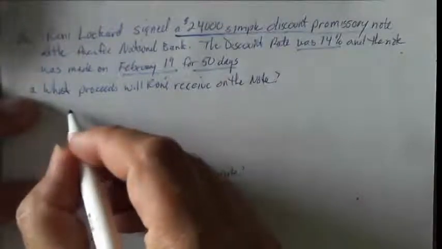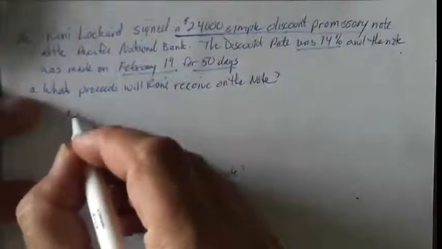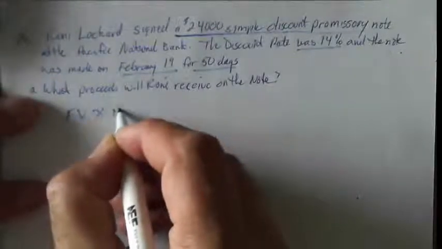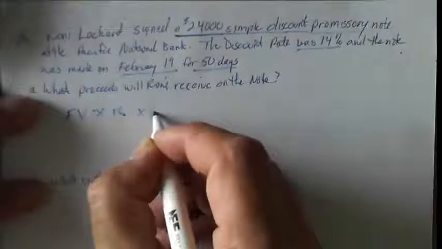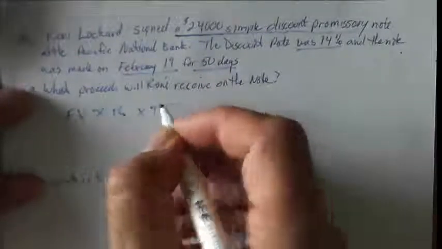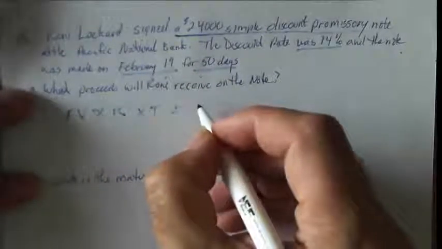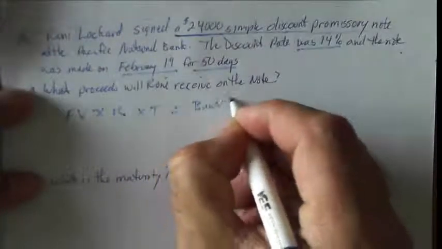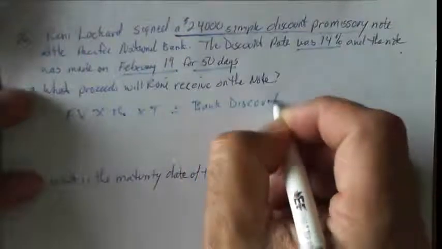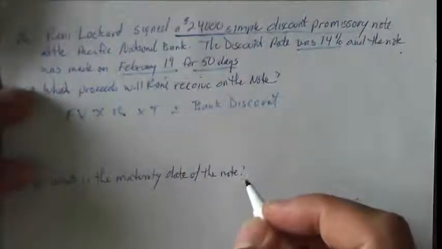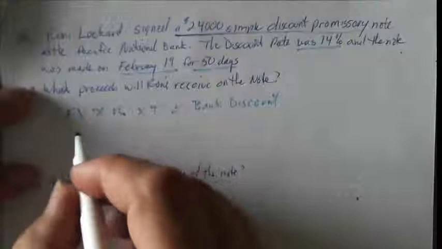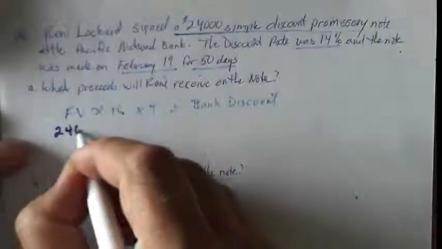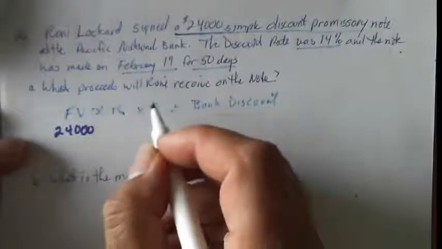Okay, so basically it's the face value times the interest rate, right, times the time, and that'll give us the bank discount, right? Okay, so face value then would be 2,400.